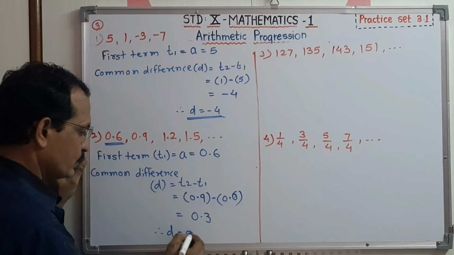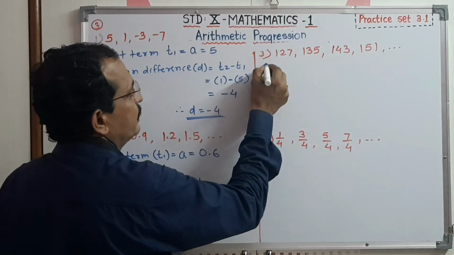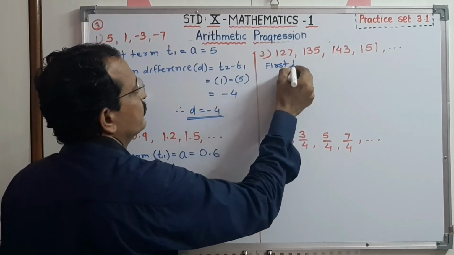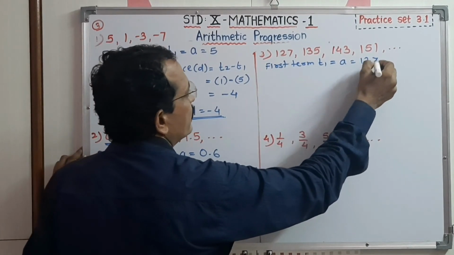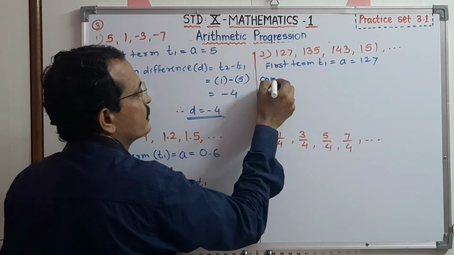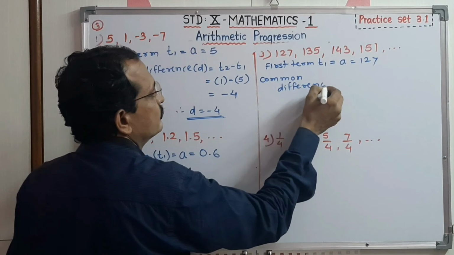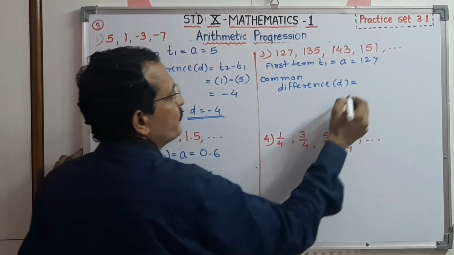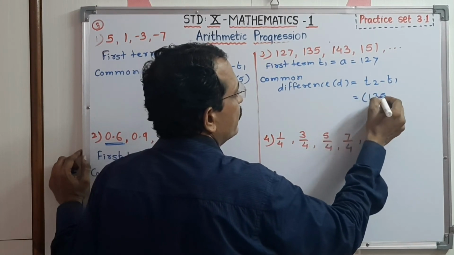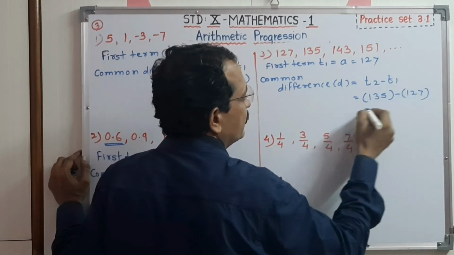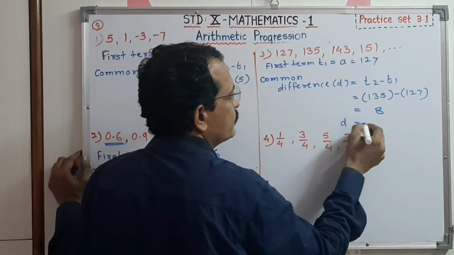Therefore D is equal to 0.3. See the third one. It is first term T1 is equal to A is equal to 127 and common difference D is equal to T2 minus T1. T2 135 minus 127, it is 8. Therefore D is equal to 8.